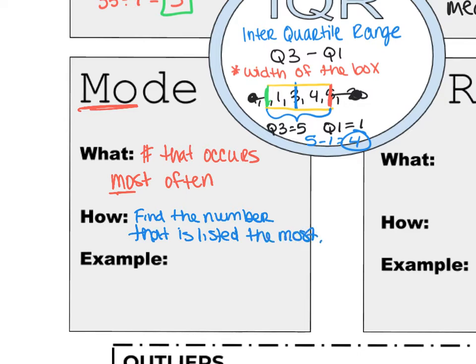It's not the highest number, it's the one that's listed the most. So if I have our data set 1, 1, 1, 3, 4, 5, and 20, the number 1 is listed 3 times and it's the most listed number. So that means that our mode is 1.